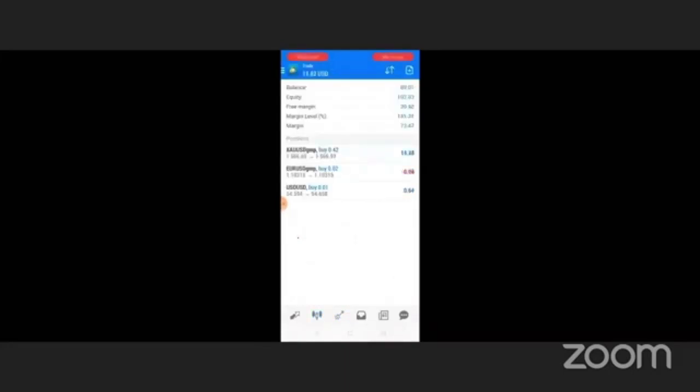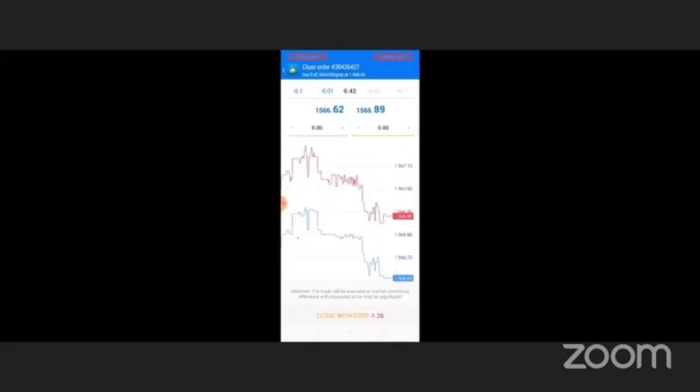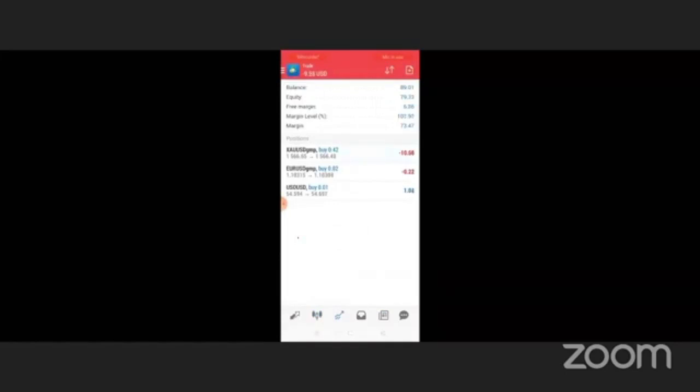Look at that. $5. 5, 2. Wow. Minus. A lot of people are like, hey, better close with $1 profit, $2 profit, they will be closing now. Because it's very volatile and it looks like going down again.